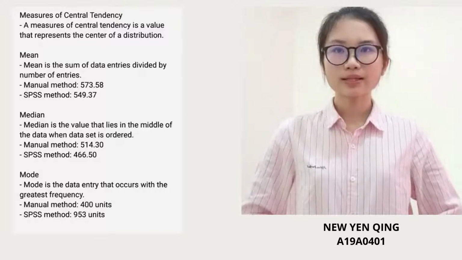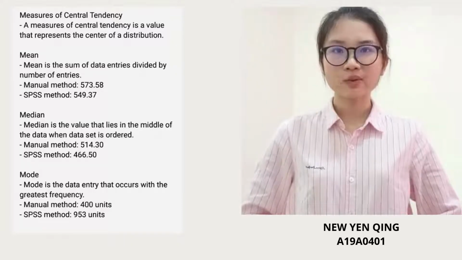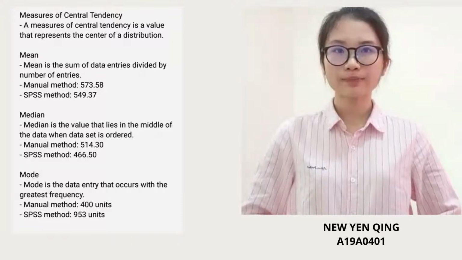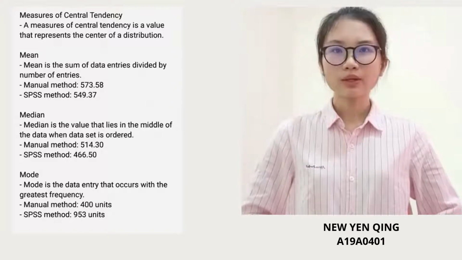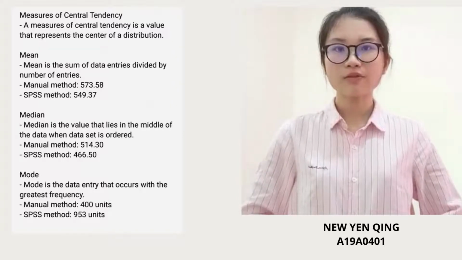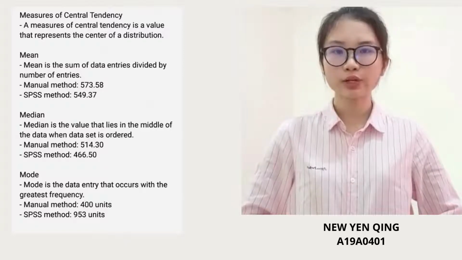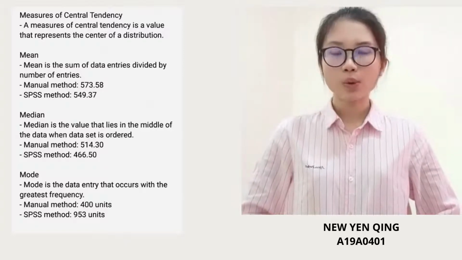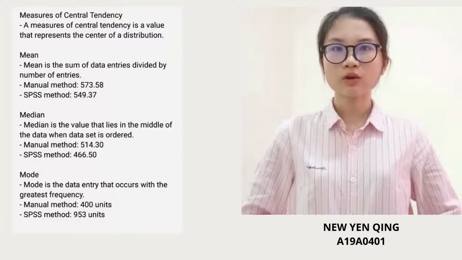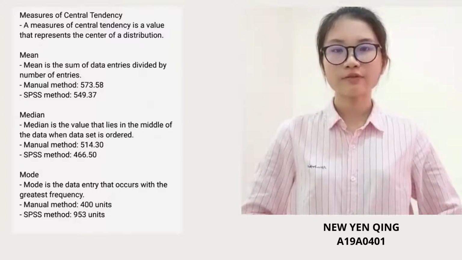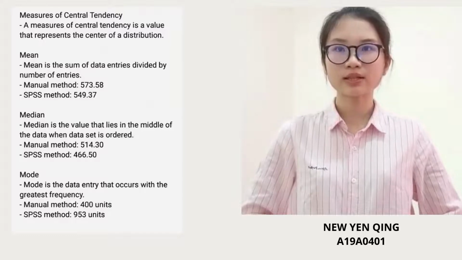First, mean is the sum of data entries divided by the number of entries. Through the report, when using the manual method, the mean of the number sales of cars is 573.58. When using the SPSS method, the mean of the number sales of cars is 549.37.